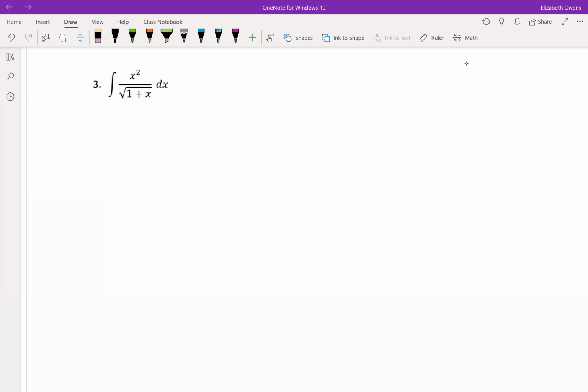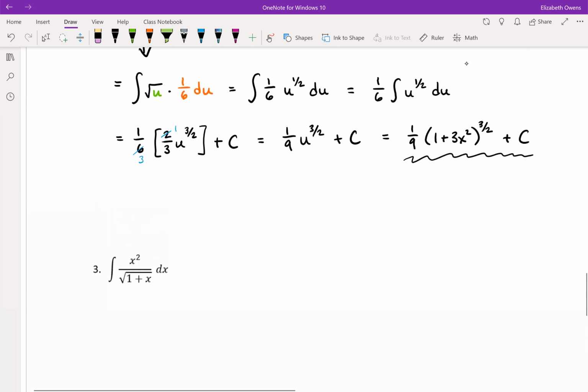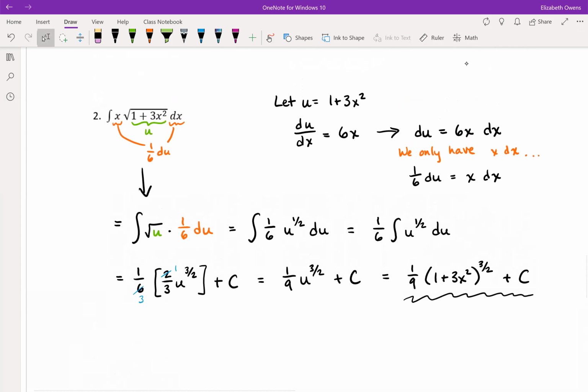So let's use an approach that's similar to our last example, where we made u into the complicated bit of the integral. The stuff that was underneath the square root in this integrand was what was complicating this problem for us.